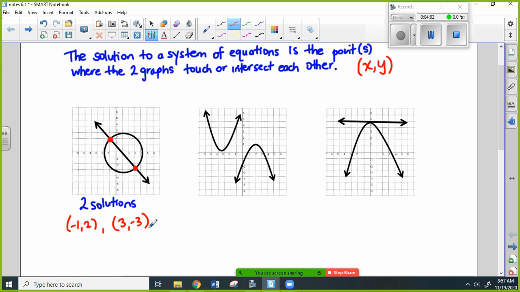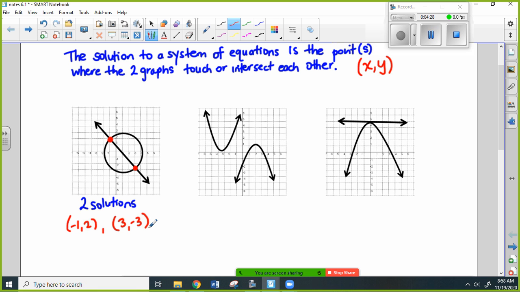Okay, all right, look at the next one. They're both parabolas, right? One goes up and one goes down. Right, think about what you know about the ends. They just keep going. How many solutions is this one going to have? How many times will they cross each other?